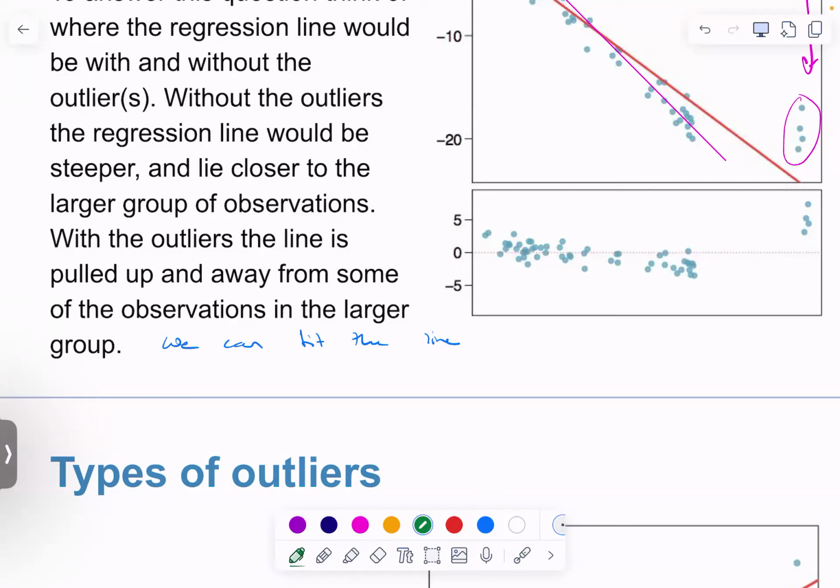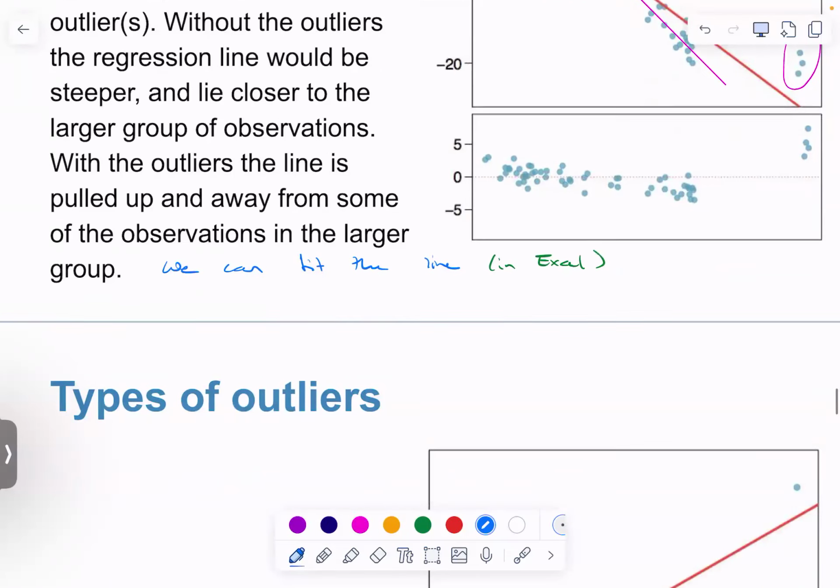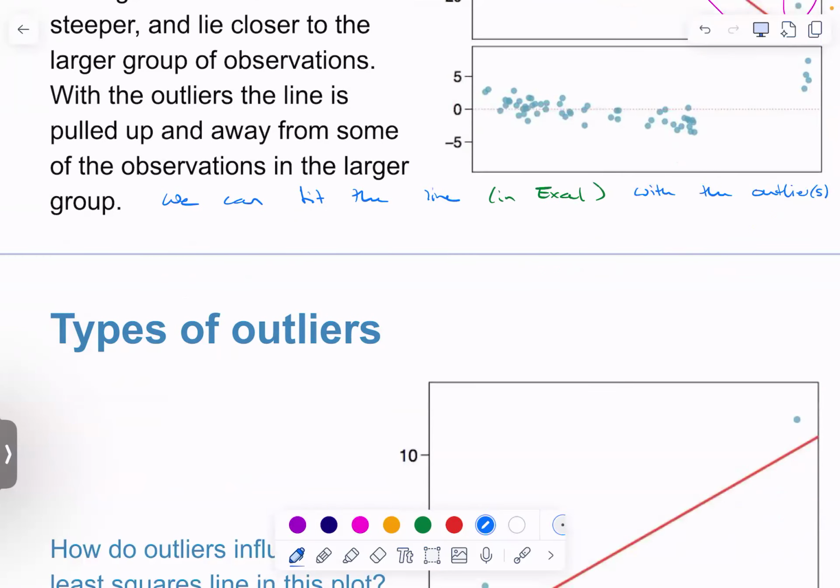So it's really quite simple to do. And so you can fit the line in Excel or whatever software you're using, probably R at this point, if you're actually doing analyses in your thesis or whatever. But we can fit the line with the outlier, so potentially more than one, and make note of the slope.